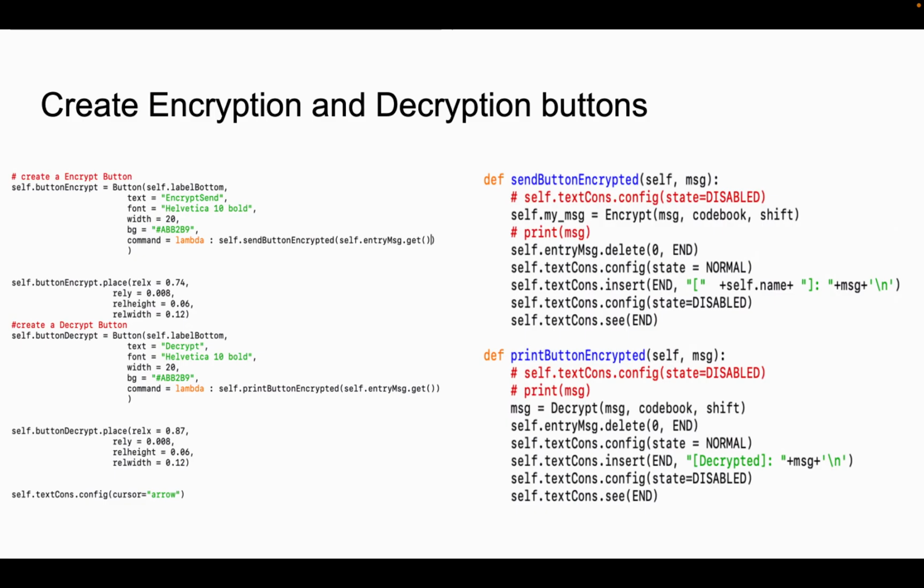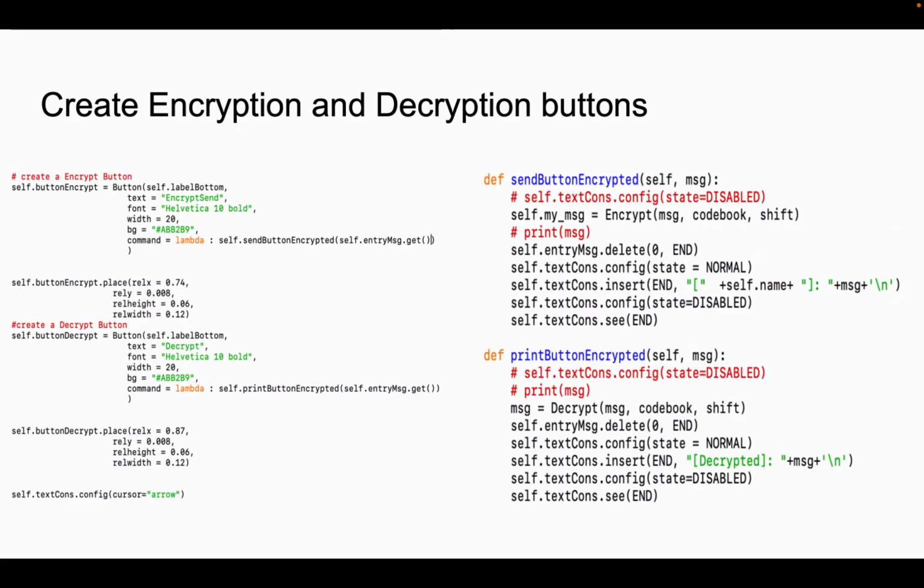The most important part is command, in which we set up a lambda function, which is associated with the two functions on the right. You see the send button encrypted and print button encrypted method, in which these two methods just allow the button to work.